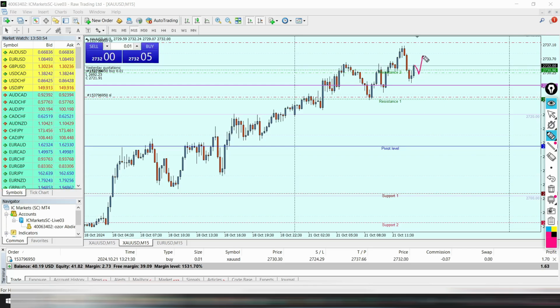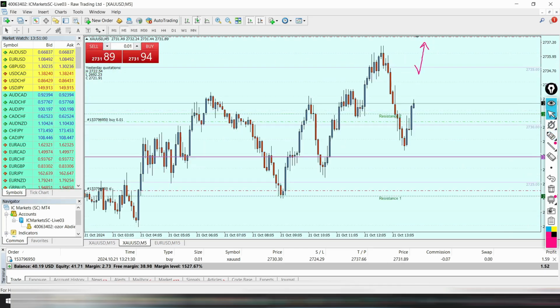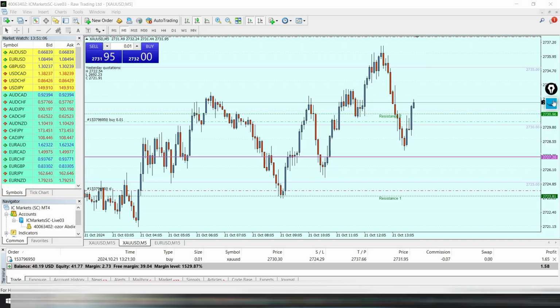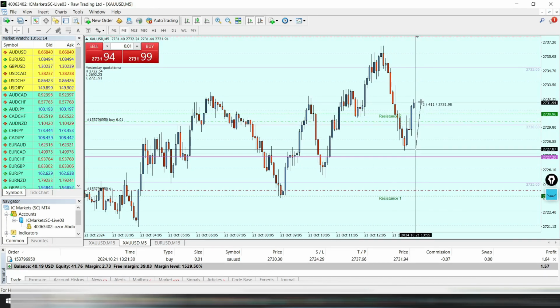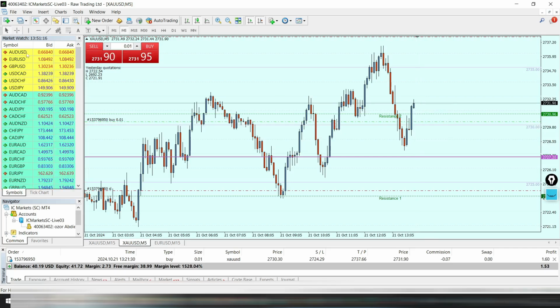I will start to enter at least 2 other positions. But before that, let's go to the 5 minute time frame and see what the new candle is doing. Good and fine. Gold has already done how many pips now? Gold has already done 41 pips of profit.